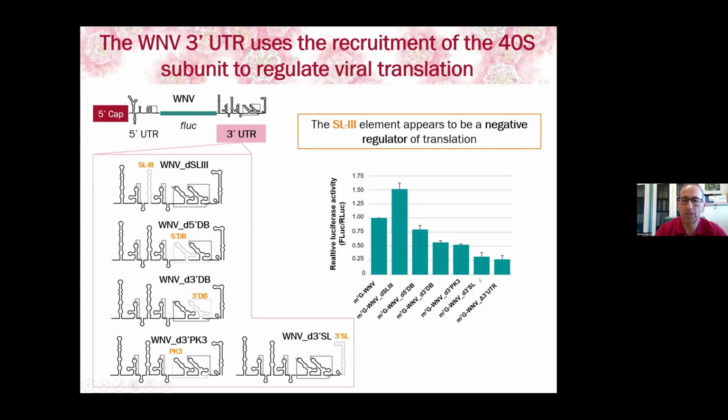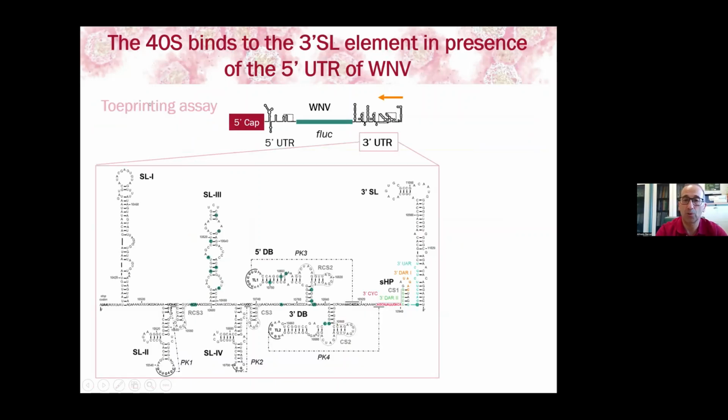But it's important to say that the structural studies that we did were done only with the 3' UTR, while this functional study was done in the presence also of the 5' UTR. So we wanted to see whether the presence of the 5' UTR modifies the structure at the 3' UTR. Those are the toeprinting assays that we obtained just with the 3' UTR.